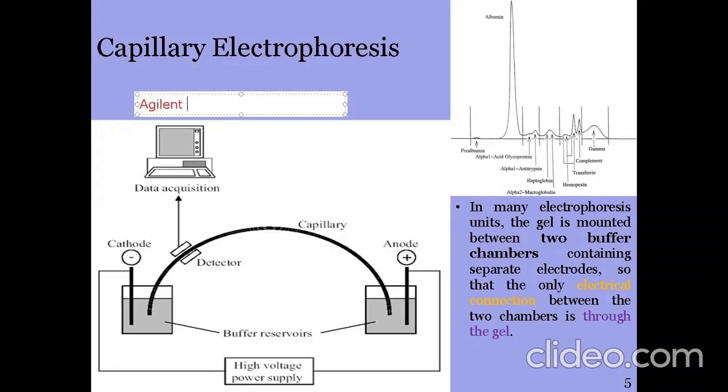Agilent, and they do have capillary electrophoresis. They do have PCR, and capillary electrophoresis, and some of them have virtual electrophoresis actually.